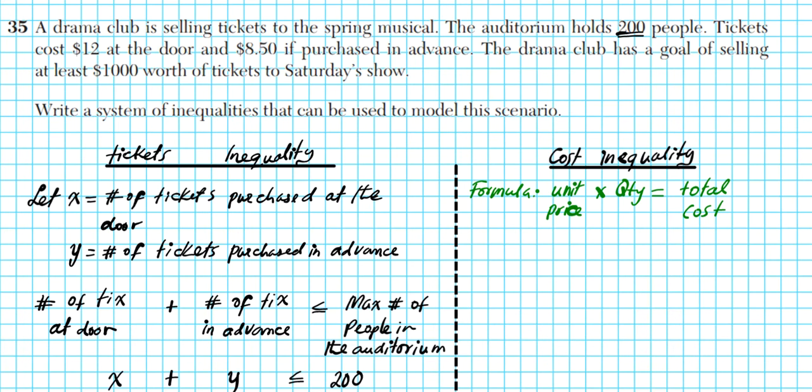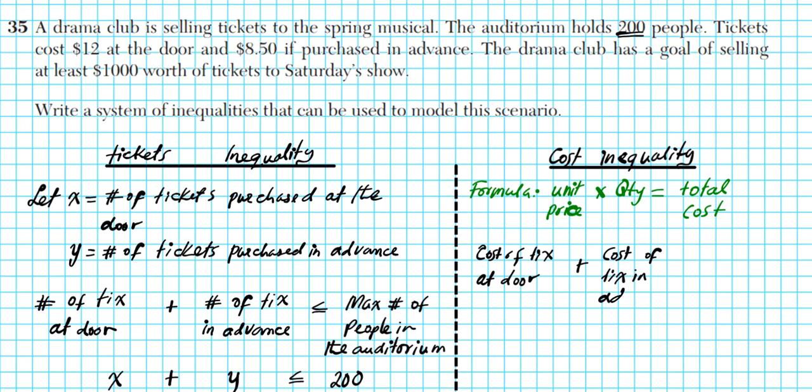So let's write down the equations. So we have the cost of tickets at the door. That's how much money they're going to generate from selling tickets at the door, plus the cost of tickets in advance.